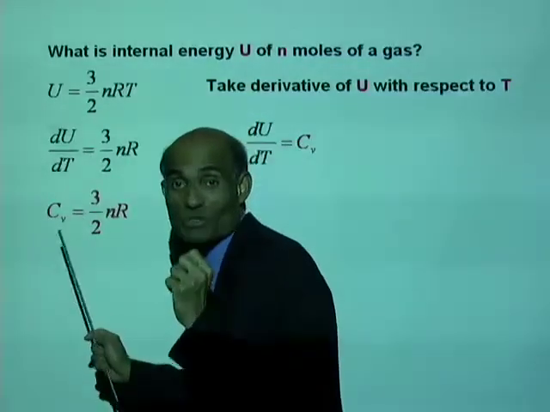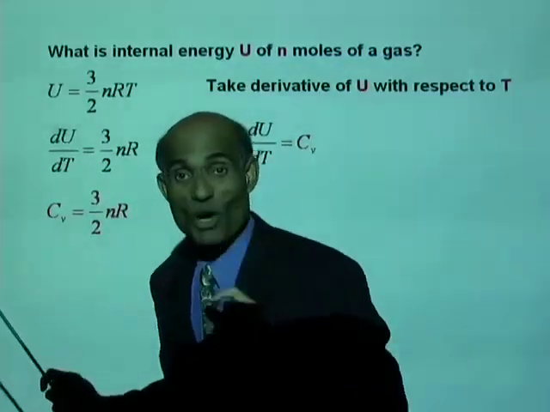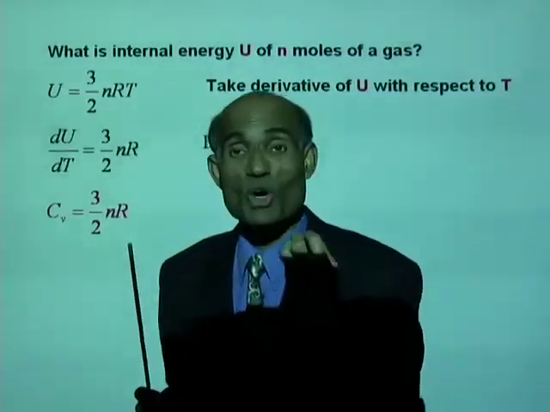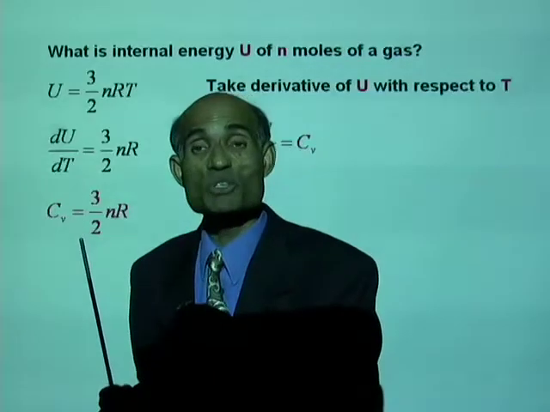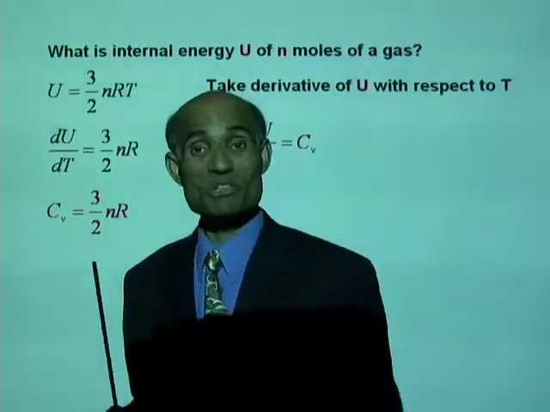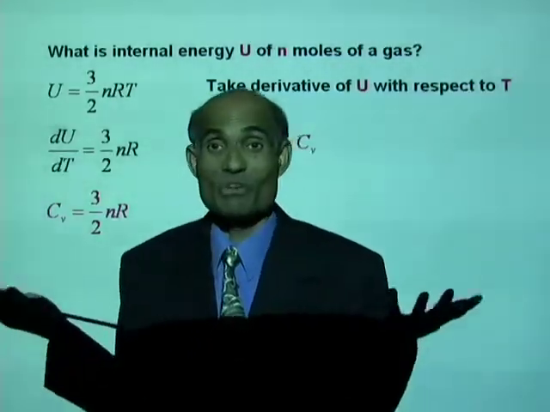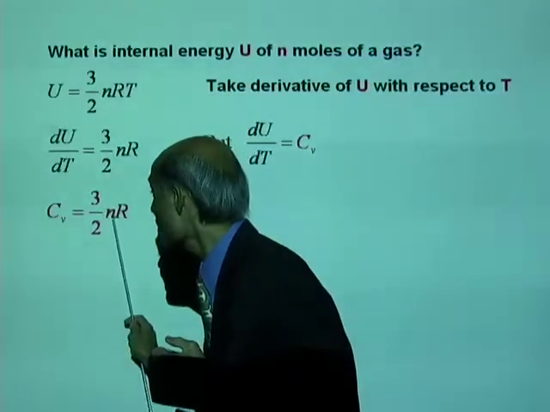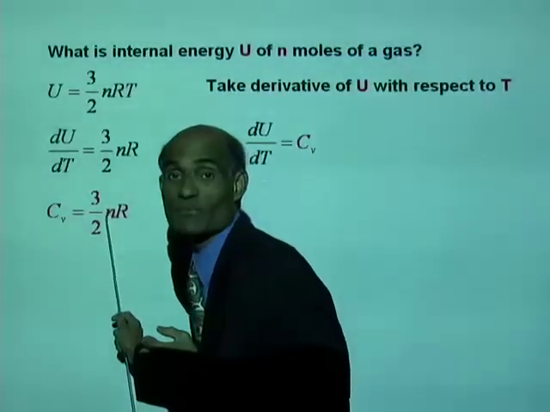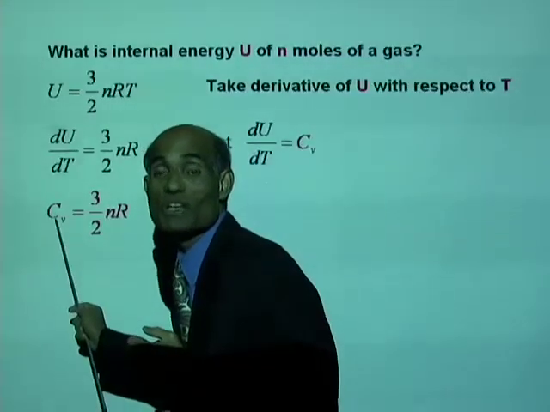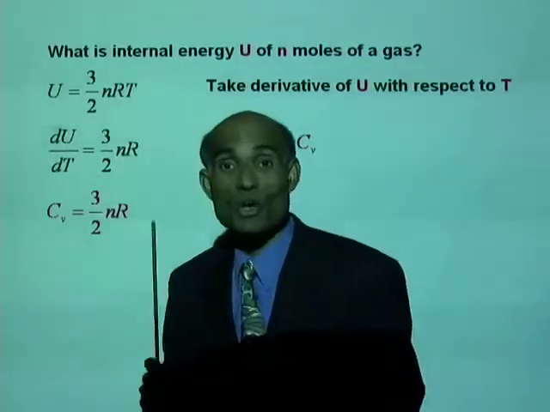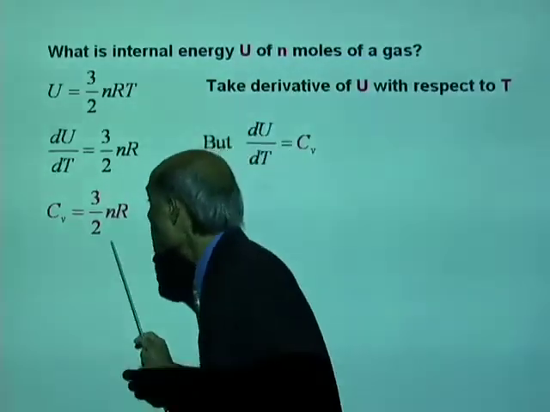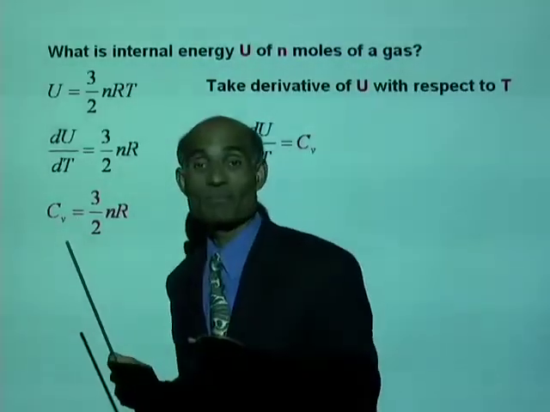But this is an opportunity for us to test, because heat capacity of a gas at constant volume and constant pressure can be measured in the lab very accurately. So, I can now take n moles of a gas and measure its heat capacity at constant volume and see if it will give me 3/2 nR.